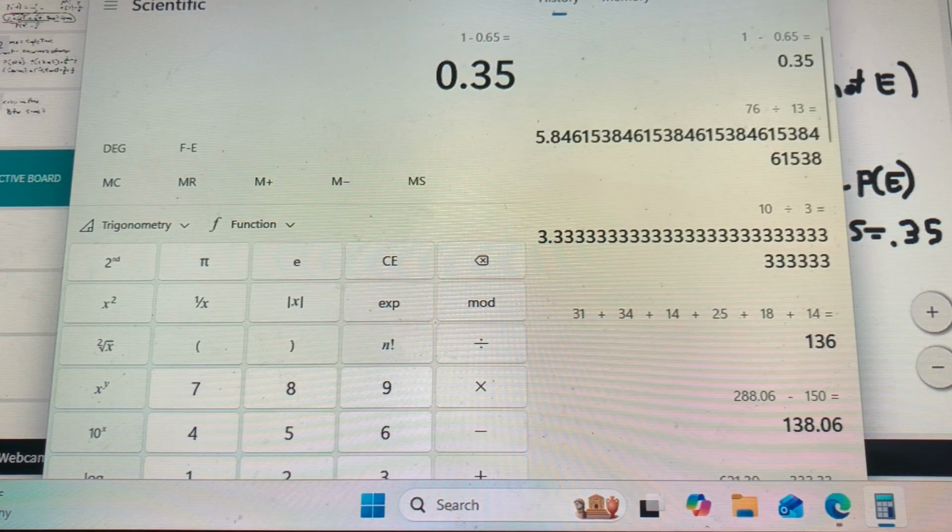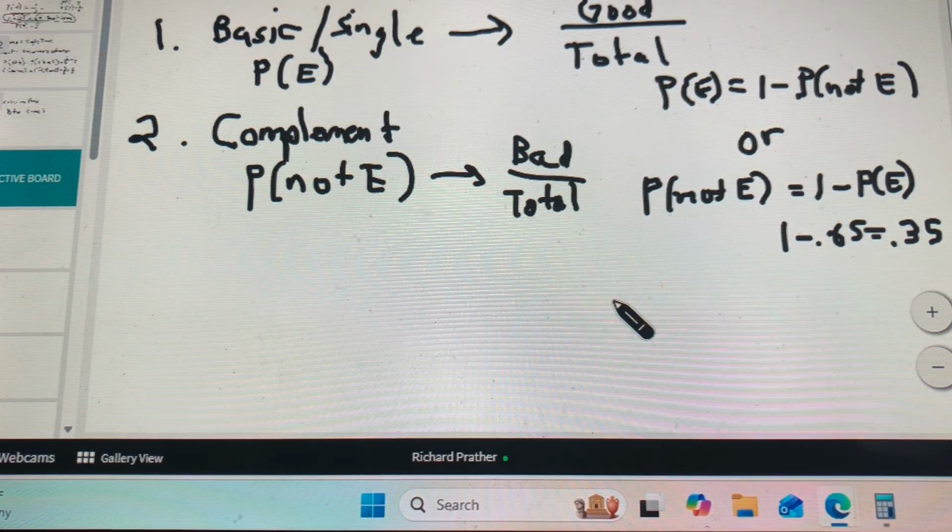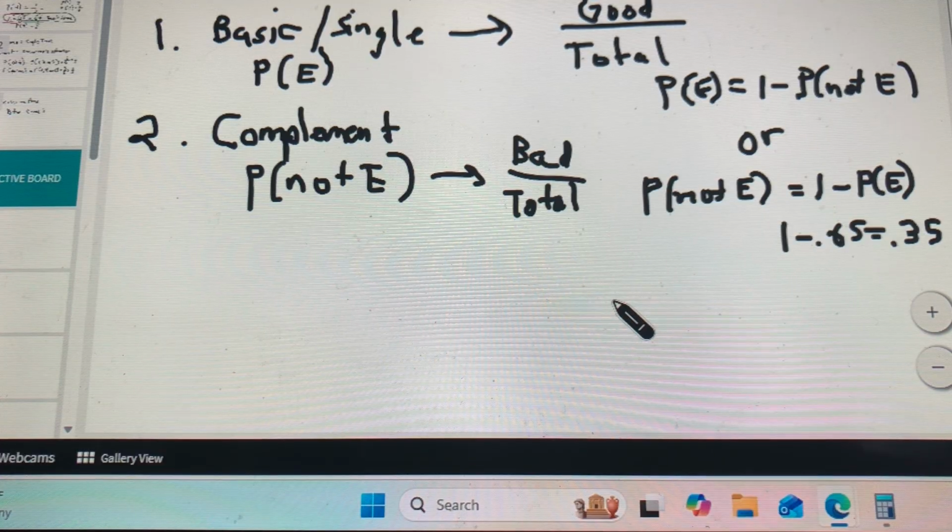This doesn't seem so interesting at first, but you'll find later, when they get more complicated problems in this chapter, that this is such a nice rule to work with. Sometimes it's very long and time consuming to figure out all the cases you want, whether they're good or bad cases. So it can sometimes be a lot shorter and easier just to do 1 minus the shorter side of the coin.